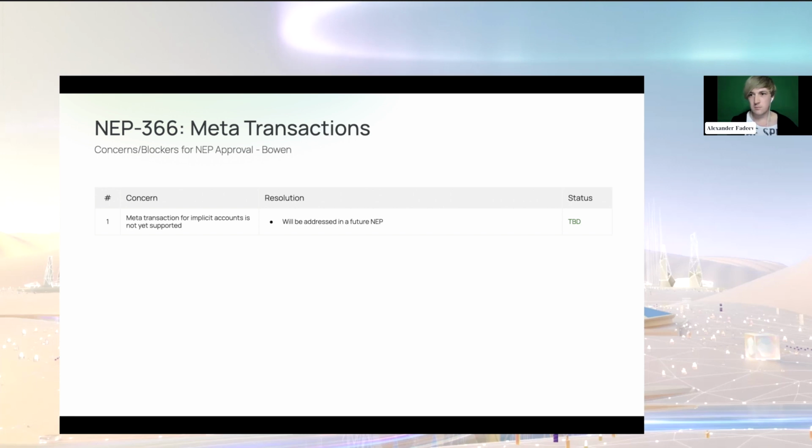I can give some feedback. Just a few days ago, we wrote down a few use cases involving meta transactions, and they're quite different.